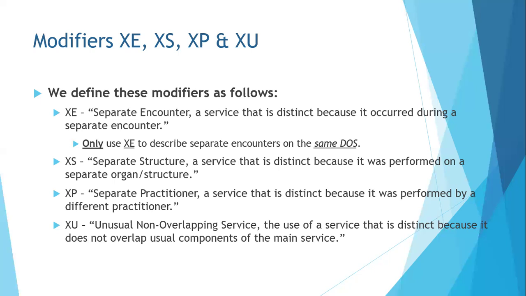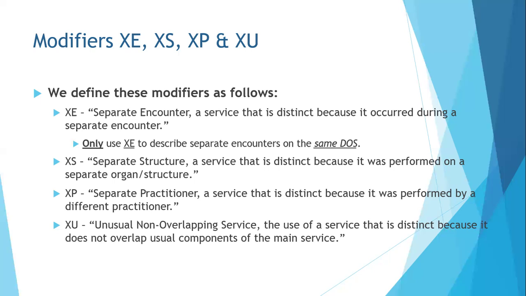So an XE means separate encounter. Separate encounter means that they did a procedure earlier in the day, and then they had to bring them back at a separate encounter on the same day. So it has to be documented appropriately that they already were in the OR once, and this is a separate trip to the OR. Not two procedures within the same procedure encounter, meaning the same time period.